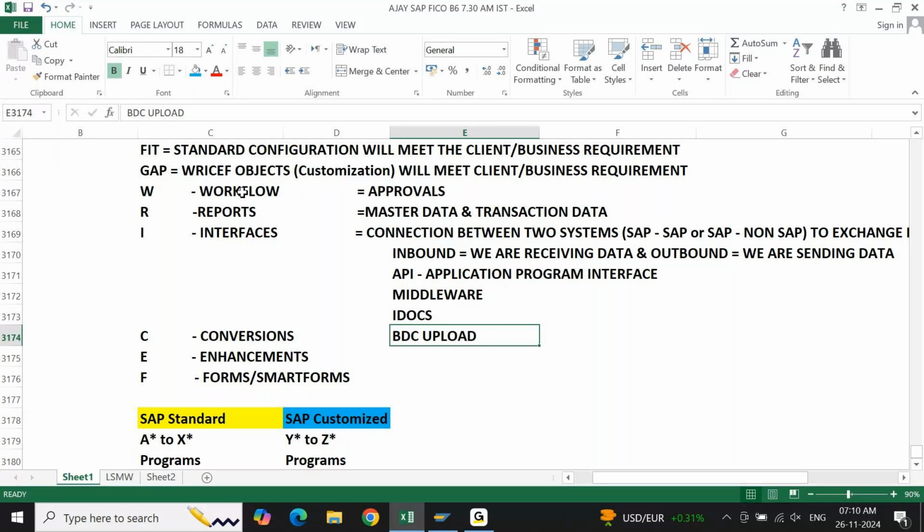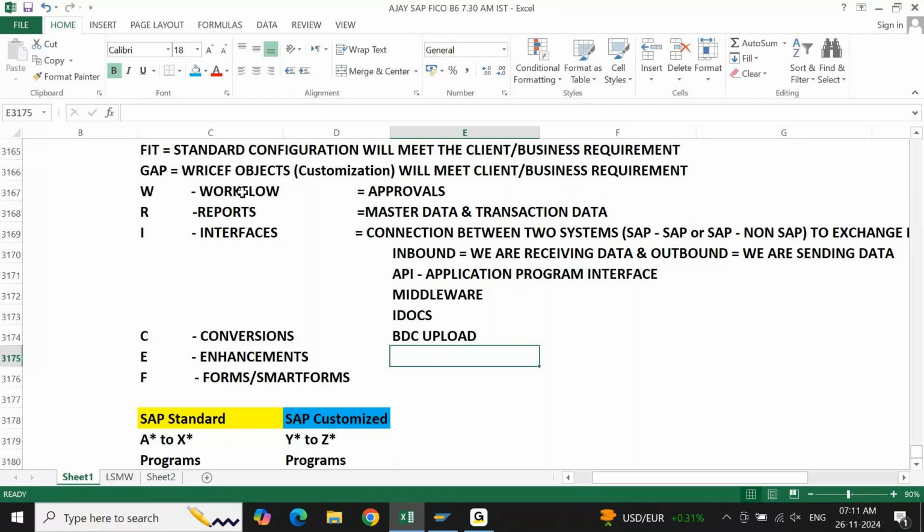Next one, enhancement. What is this enhancement? When you're talking about enhancement, what points we need to remember? Reports? Any specific point? Currency? No. User exits, customer exits. Checks, payment advice. Documents?